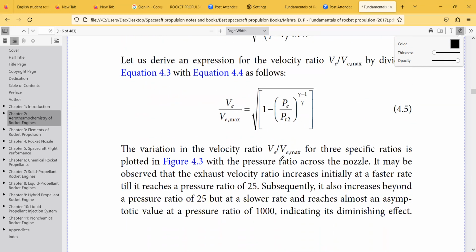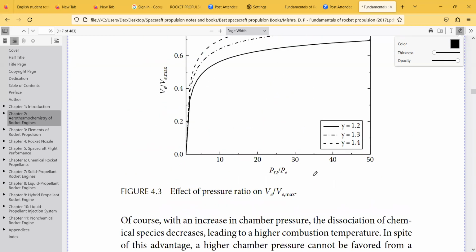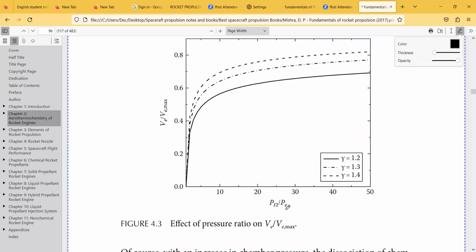The variation in velocity ratio for three specific heat ratios is plotted here: pressure at 2 over pressure at exit versus velocity at exit over maximum exit velocity. Various gases or chemical compositions give us different values of gamma: 1.2, 1.3, 1.4, and most gamma values are around these.